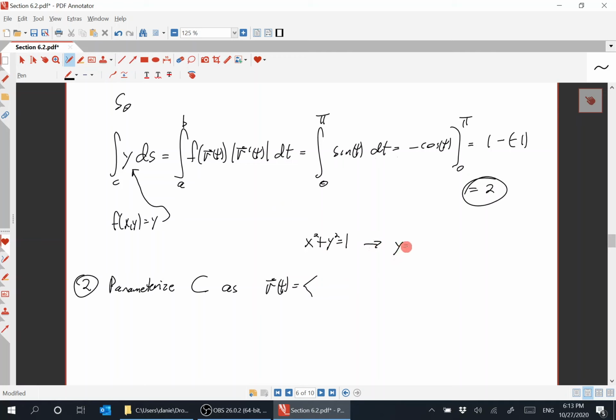And we're just doing the top half, so it's y equal to the square root of 1 minus x squared. So there's a function y equals f of x that gives you that curve in 2 dimensions. In 3 dimensions, no, this only works in 2 dimensions. Well, the trick I'm describing here. If you've got this y equals f of x, just let x equal t, and then y equal f of t.